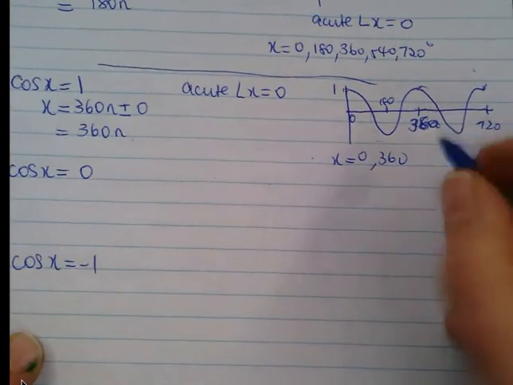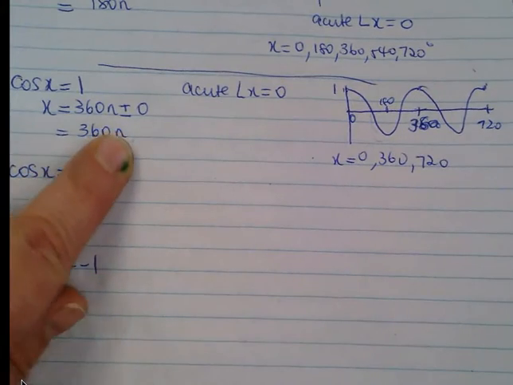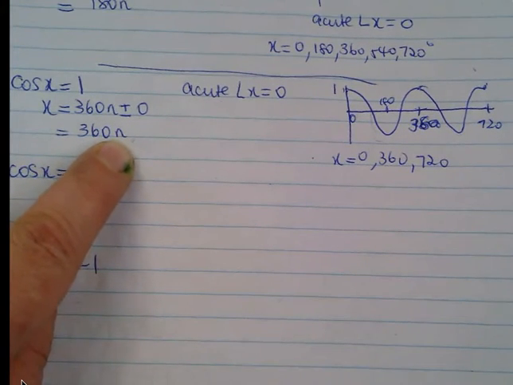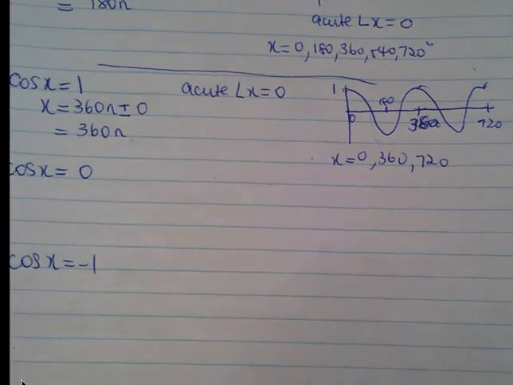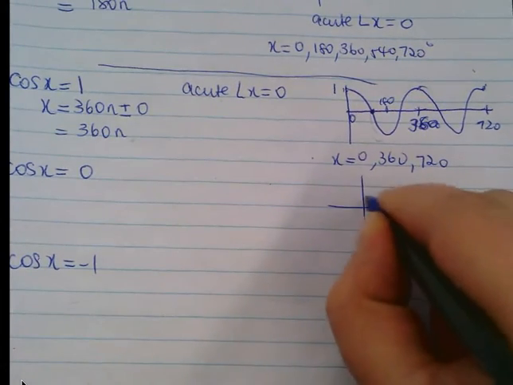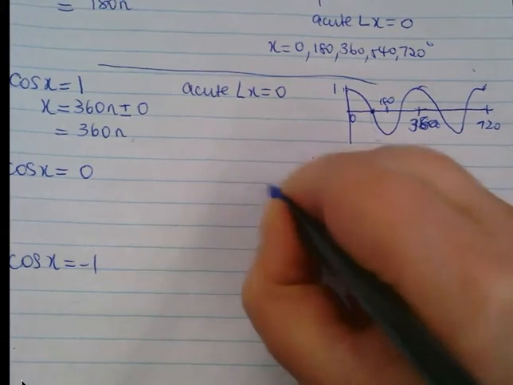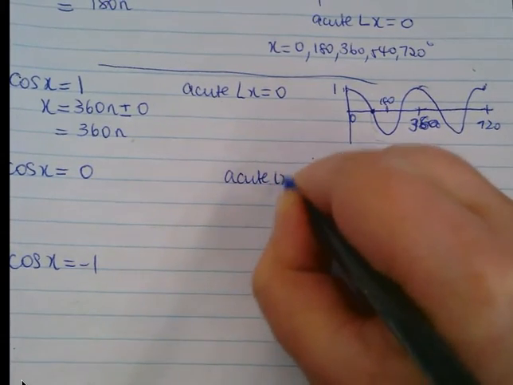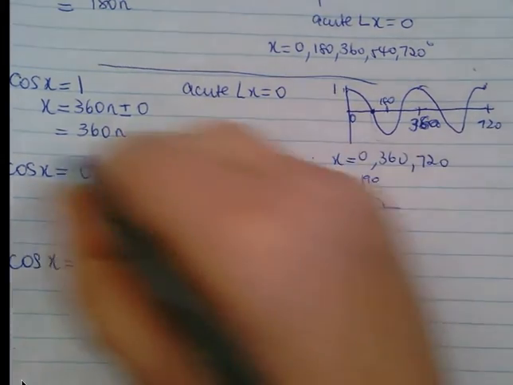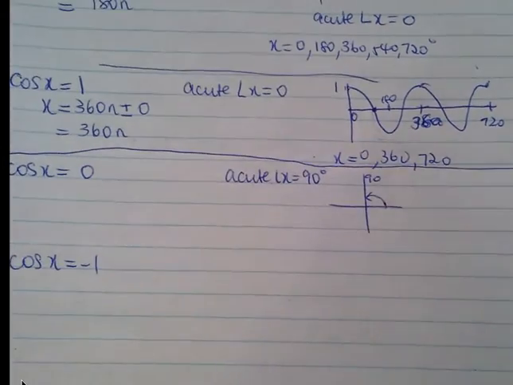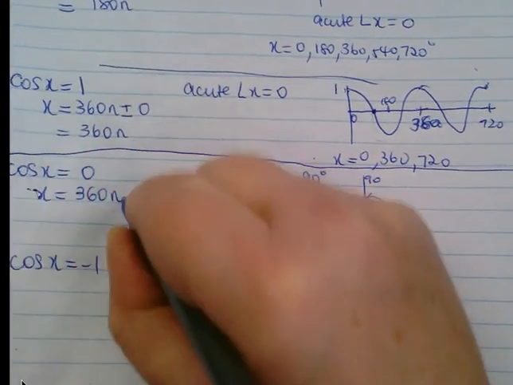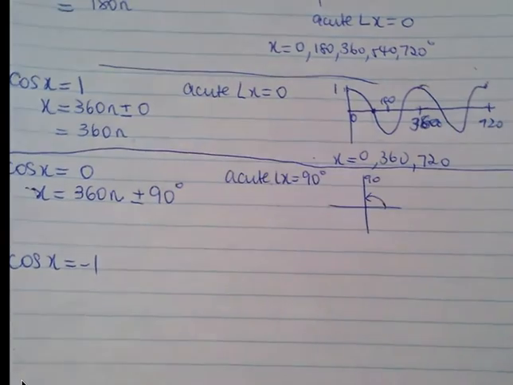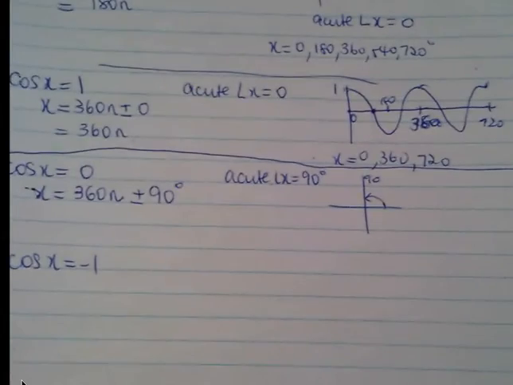When n is 0, I get 0. When n is 1, I get 360. When n is 2, I get 720. All right, what about cos x is 0? Where is my first solution for cos x is 0? Yeah, it's at 90. So my acute angle x is 90 degrees for this one. So we've got x is 360n plus or minus 90 degrees. That one's okay.